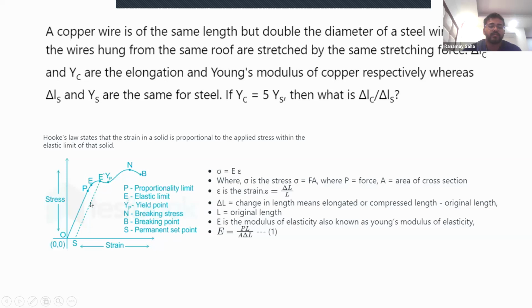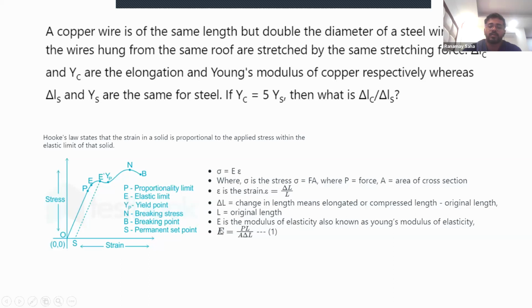If you unload the material from E, there are some recovered strains, and the other part is unrecovered and becomes your permanent set. Now, Hooke's law is valid up to your proportionality limit. Strain is the ratio of change in dimension to the original dimension.